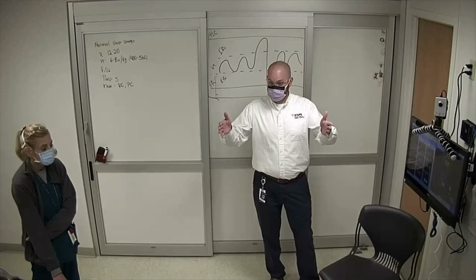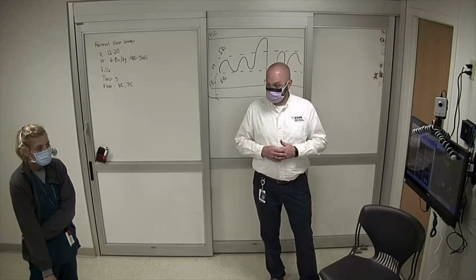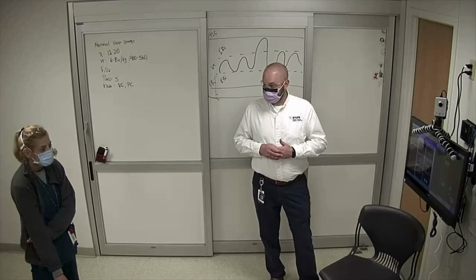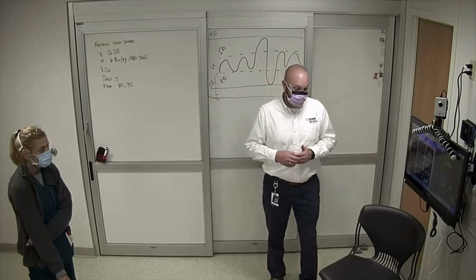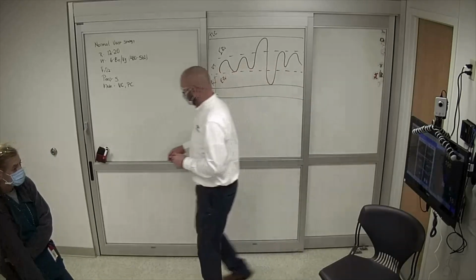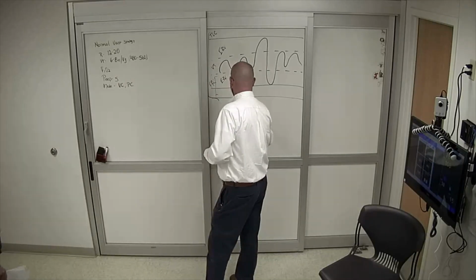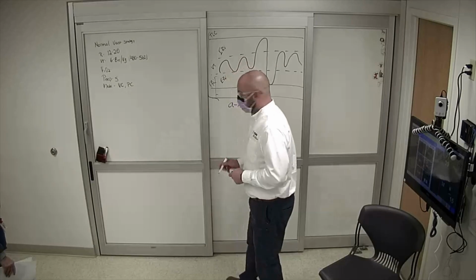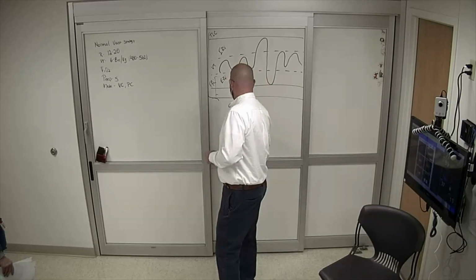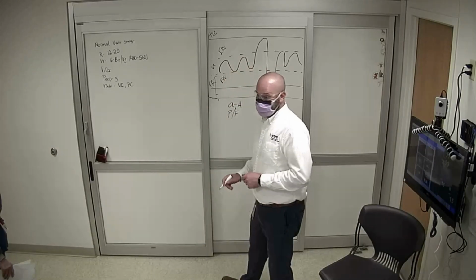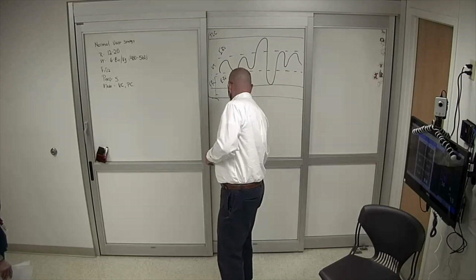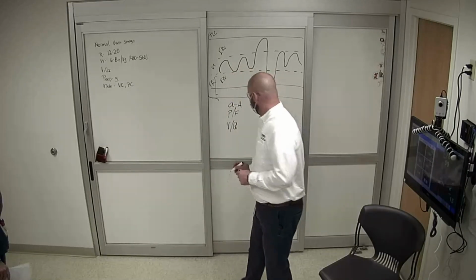And so what do we call that? You may have seen it written this way. Gradient. Yep. Or this way. PF ratio. Right? Or this way. Right? All the same thing.